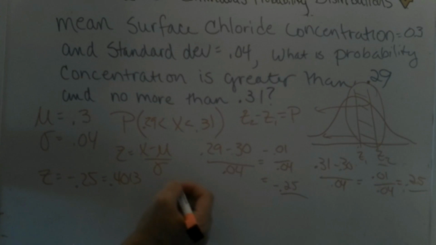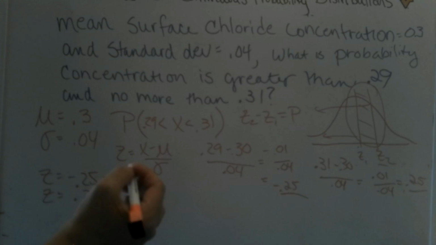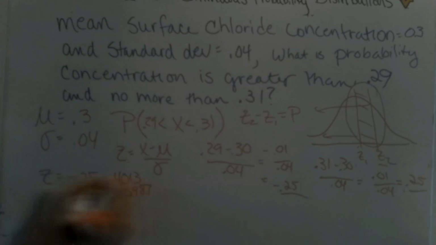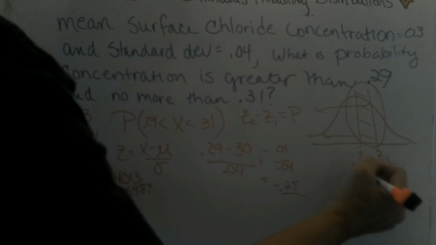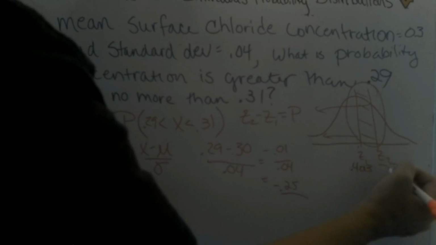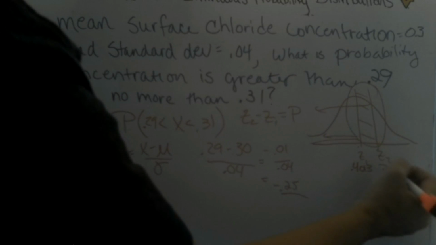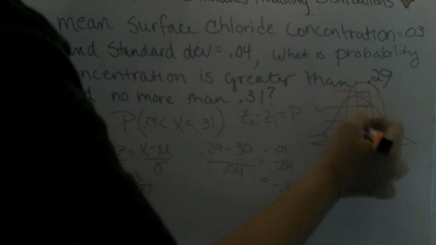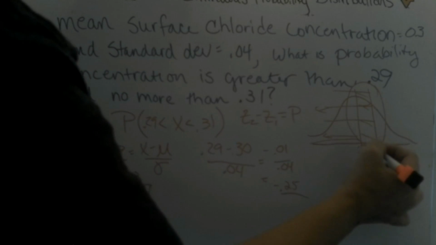Then we look at z equal 0.25, and that's 0.5987. So if we come back to our graph, 0.4013 is the probability up to that point, and 0.5987 is the probability up to this point. So the difference between those two is this area.